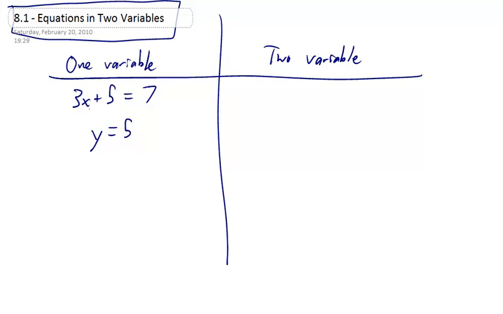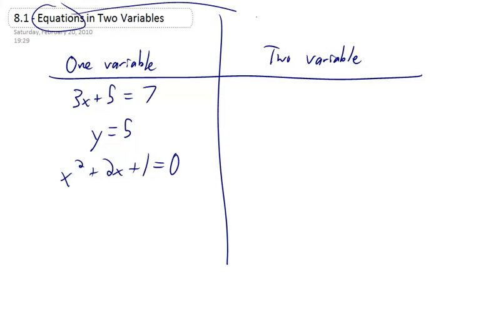We don't necessarily need to have the variable raised to the first power. We could have a quadratic, like x squared plus 2x plus 1 equals 0. One of the things to keep in mind about equations is that equations always have equal signs. We could go into further detail and talk about open sentences that have equal signs, less than, greater than, less than or equal to, or greater than or equal to, but for now we're sticking with equations. Those are examples of one variable equations.